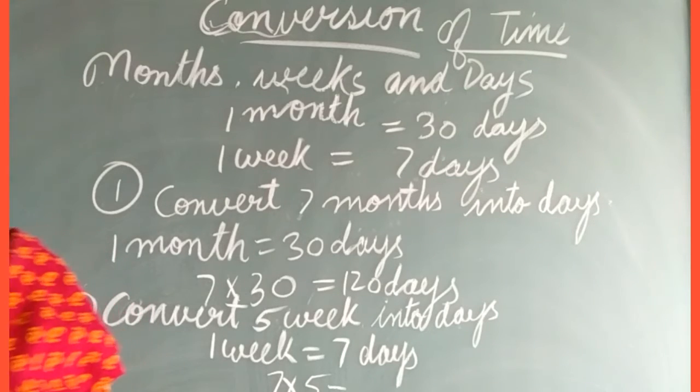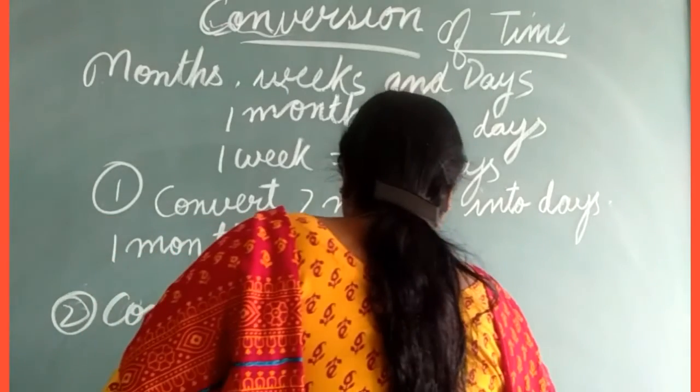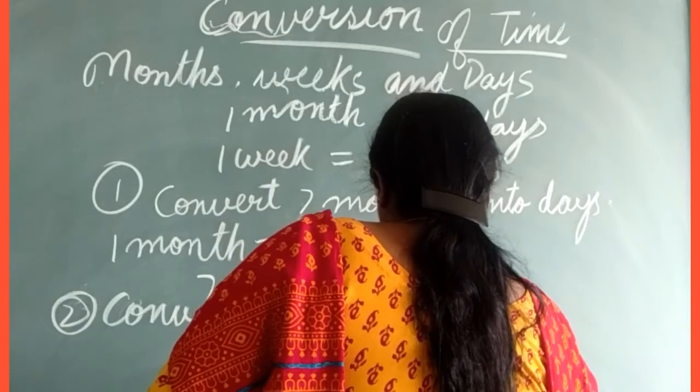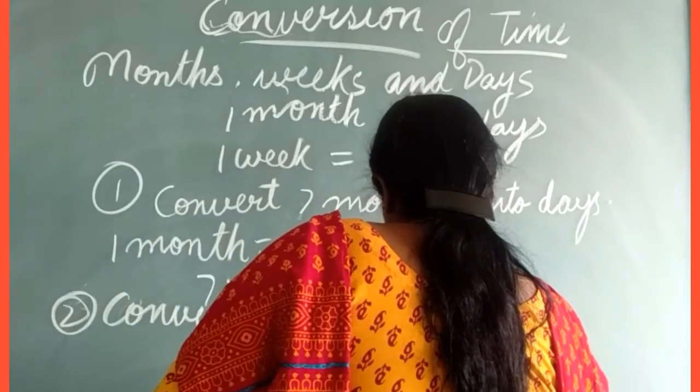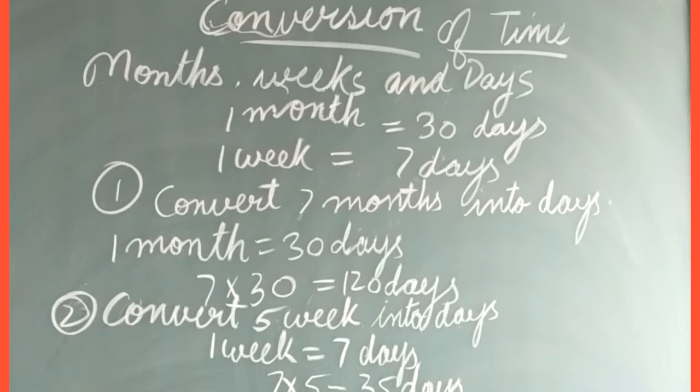Or 5 into 7, you will get the answer. What will be the answer here? 35 days. Okay students, the answer is 35 days. Is it clear to you all?